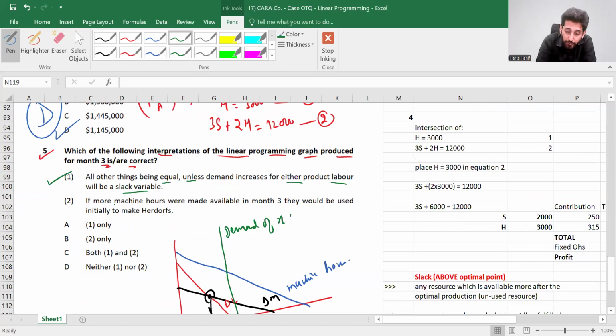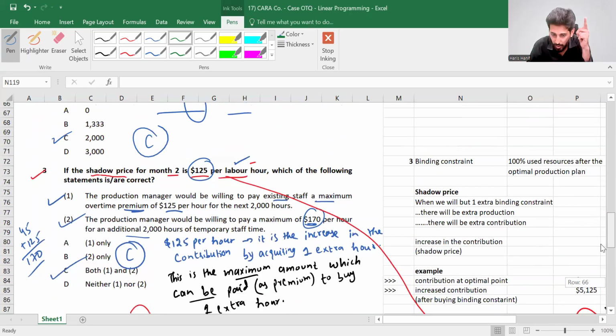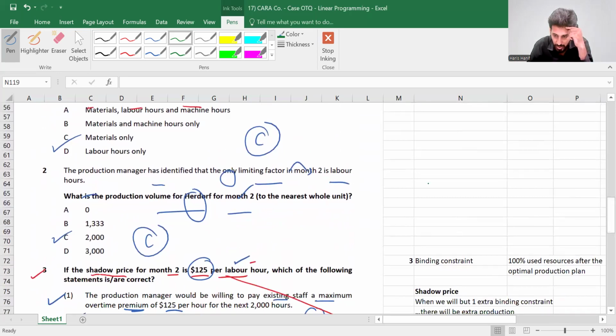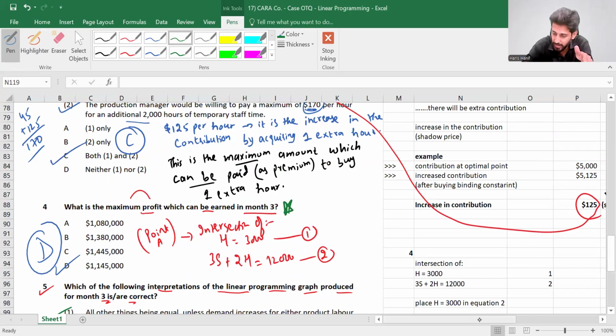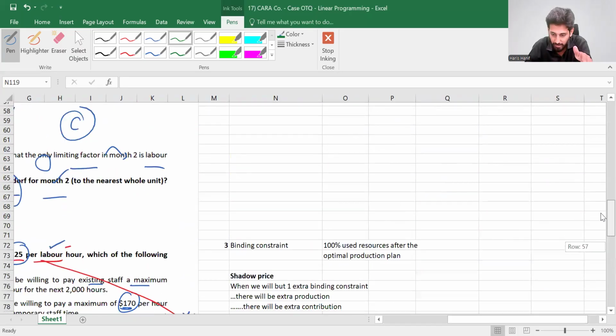Number 2, if more machine hours were made available in month number 3, they would be used initially to make heard of. If more labor hours... please see that you have to connect it with the above. What was the maximum demand for heard of? We have already produced it in month number 3. You have already made the production plan in month number 3.